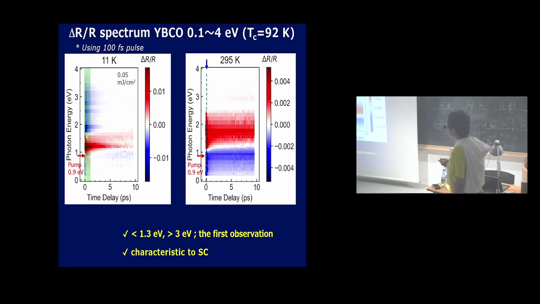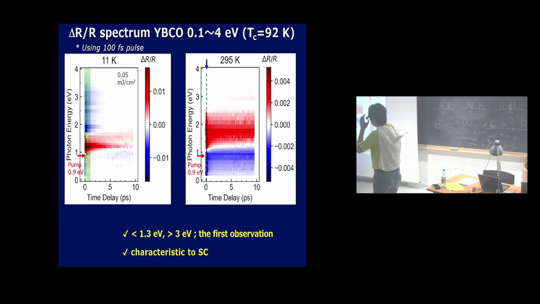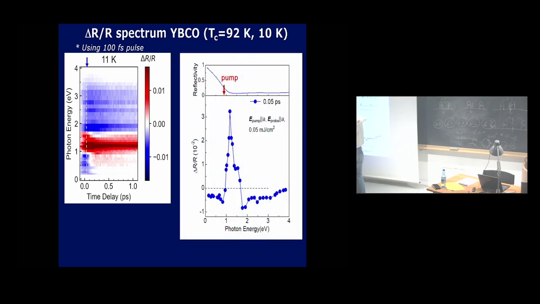Okay, if we focus on the first 1 picosecond, we can notice a very complicated nature. If we cut the spectral profile around time zero, we have a very clear peak around the plasma edge in the steady state reflectivity, together with a very broad reflectivity decrease.